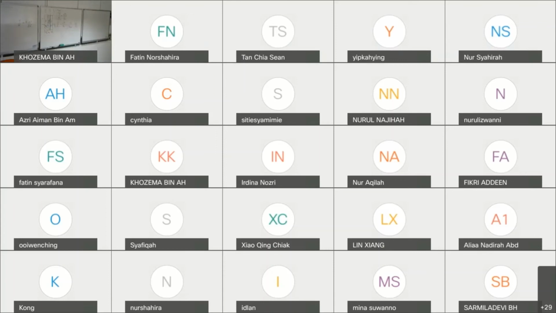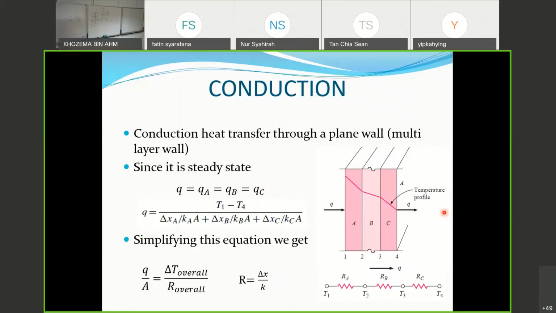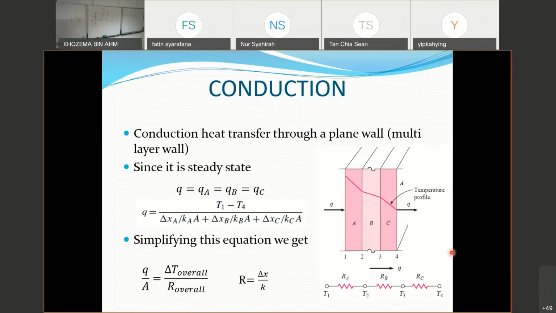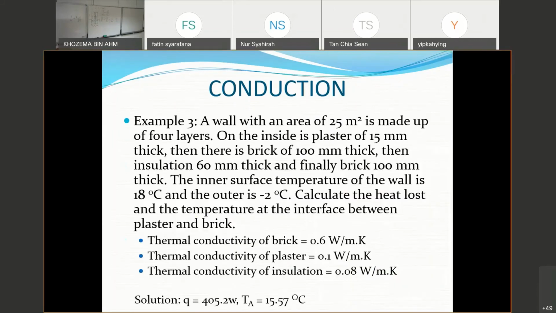And if you look at the slides again, this is how we're gonna get this one. And then this is an example of how a multi-wall plane question will look like. A wall with an area of 25 meters squared is made out of 4 layers. So you have 4 layers here. On the inside is the plaster of 50 mm thick.